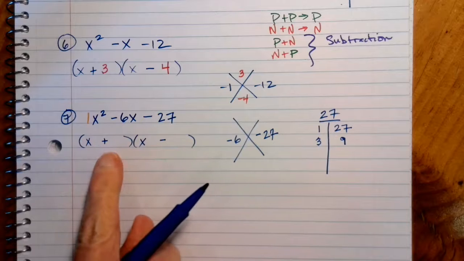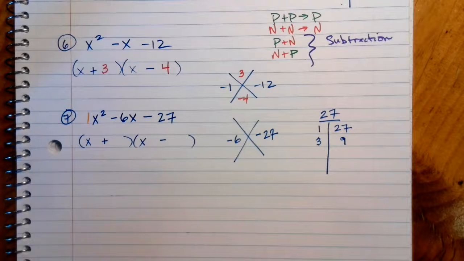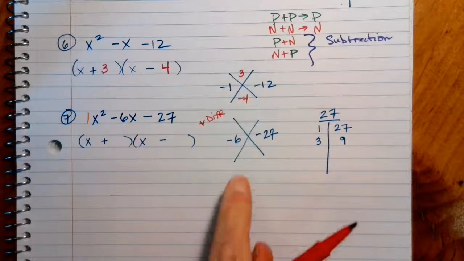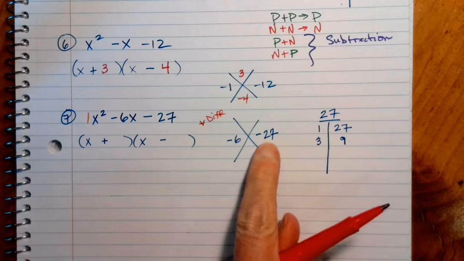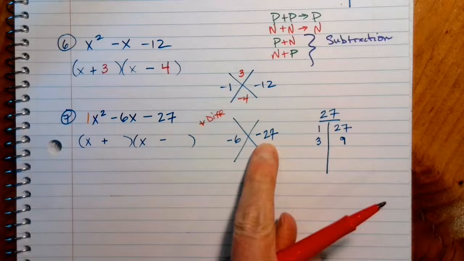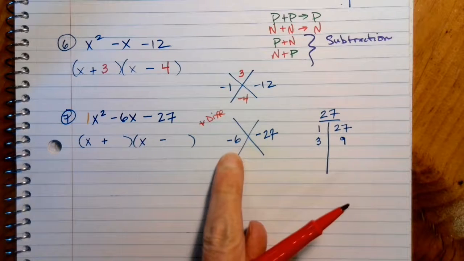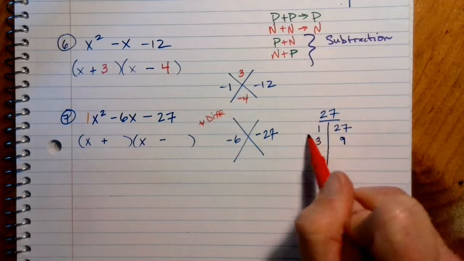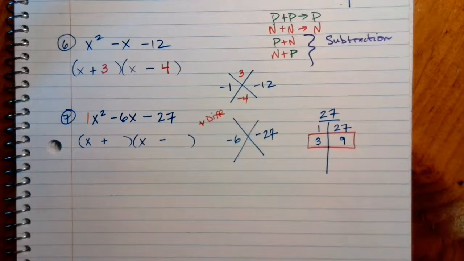Because my signs don't match, I know I'm looking for a difference. So what two numbers multiply together to give you negative 27, and when I add together, I get negative 6? So they'll have a difference of 6. So yes, I see 9 and 3.